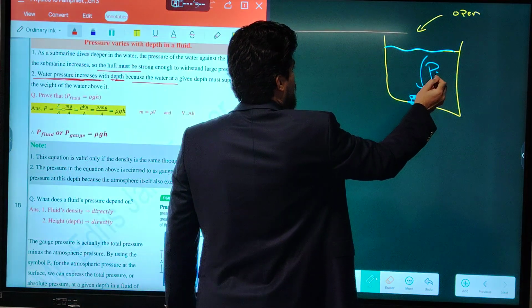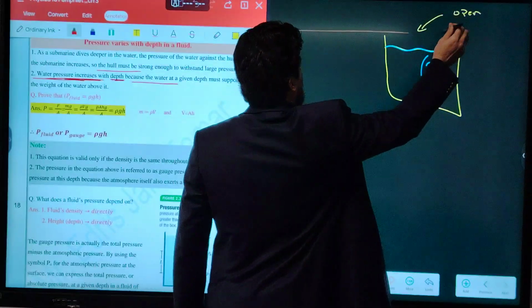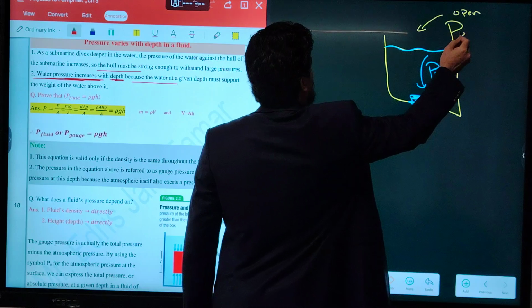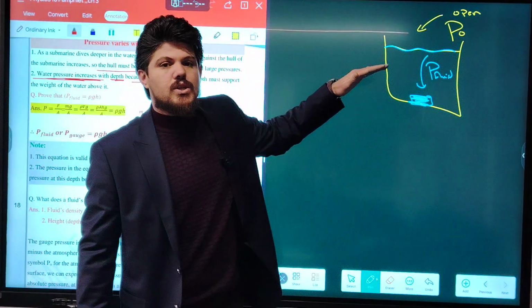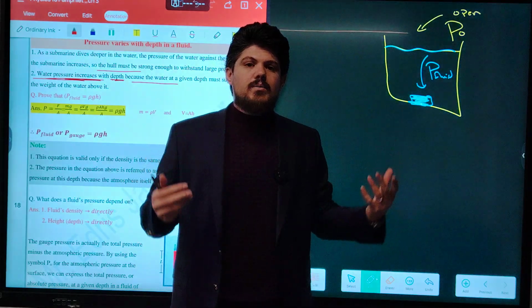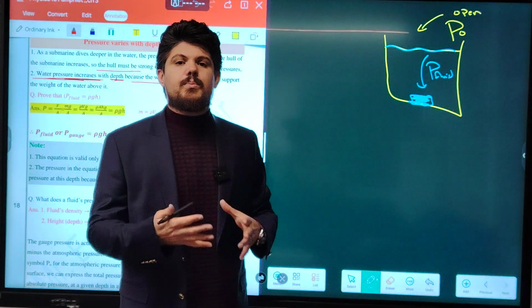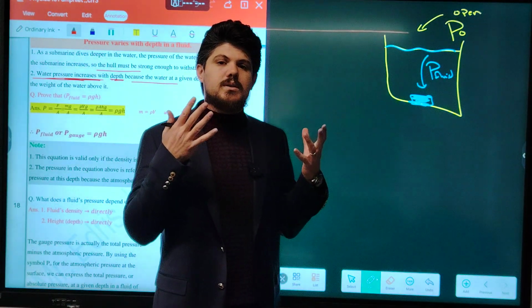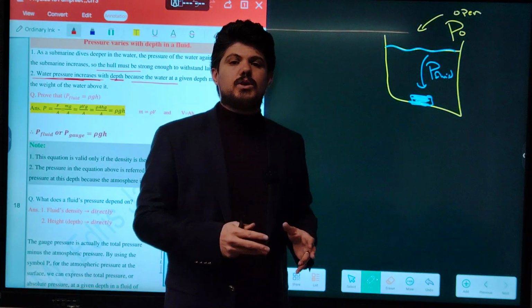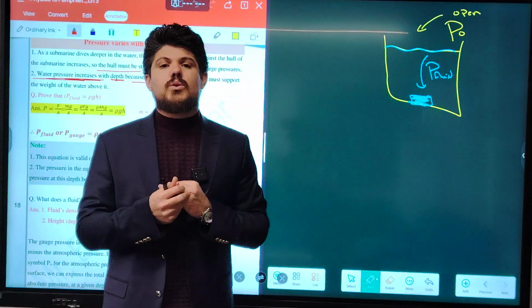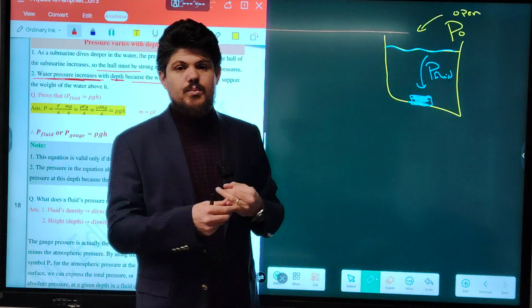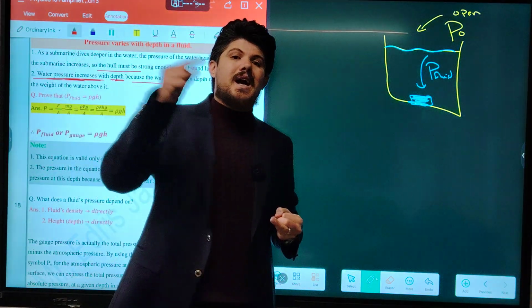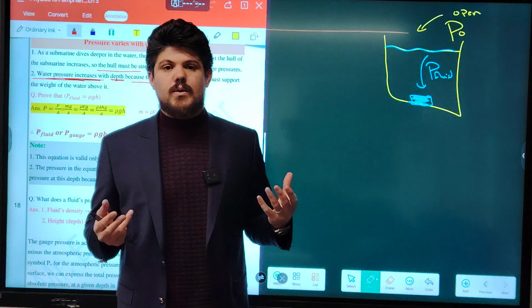The fluid pressure, the pressure of a fluid, and atmospheric pressure, because the top of the container is open like the ocean. The object at the bottom of the ocean, how many pressures are exerted on the divers at the bottom of the ocean? There are two pressures: the fluid pressure, the pressure of the ocean, and the atmospheric pressure.